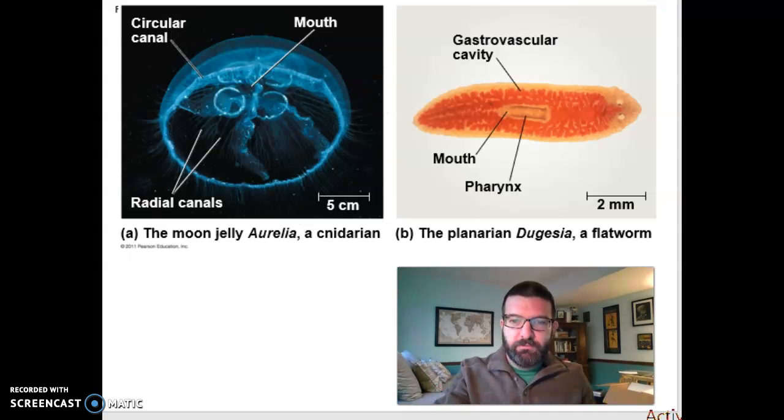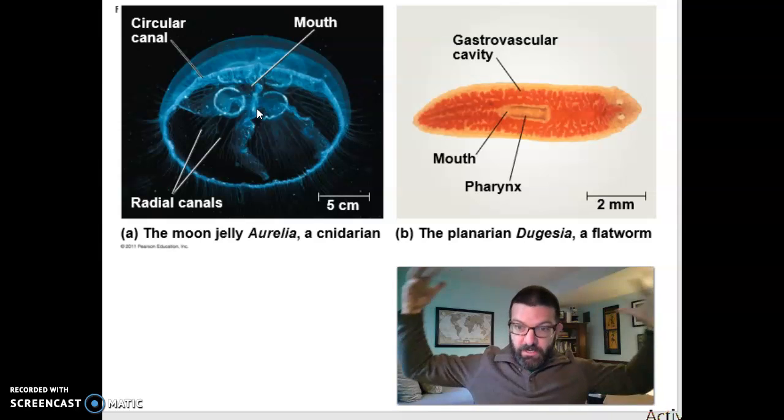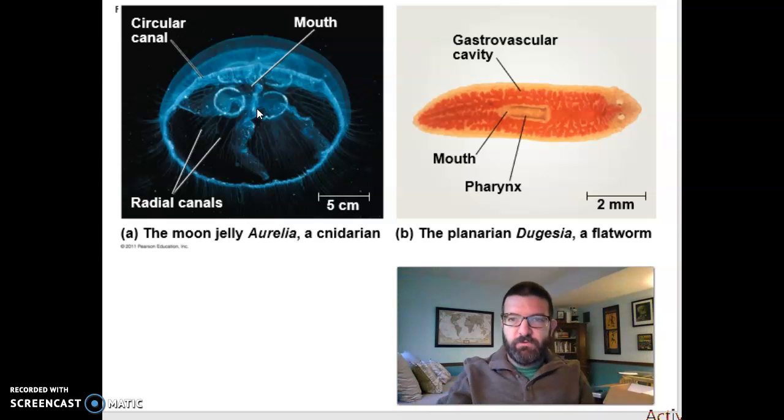Very simple organisms like cnidarians have a gastrovascular cavity because they're really only 2 cell layers thick, and as long as they bring oxygenated water into their gastrovascular cavity and have water on the outside, then there's sufficient room for diffusion. Other very tiny organisms can just be flat, and so you don't really have much of a circulatory system in a planarian, for example.